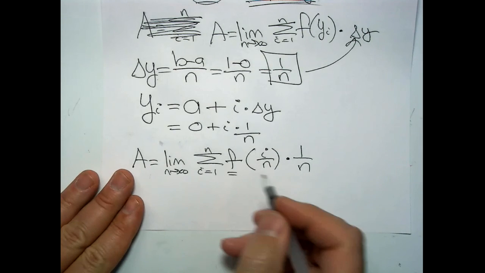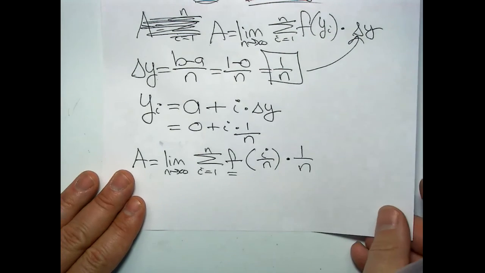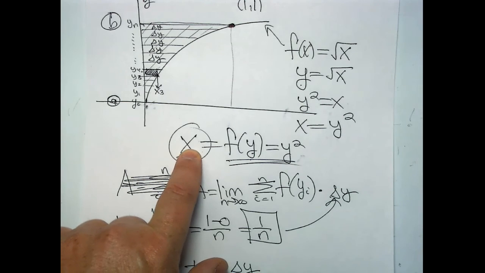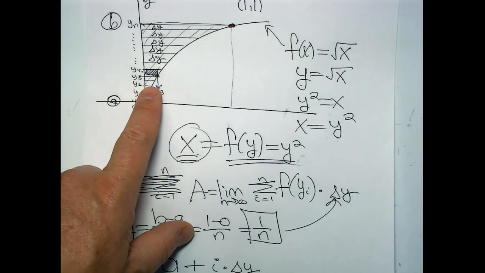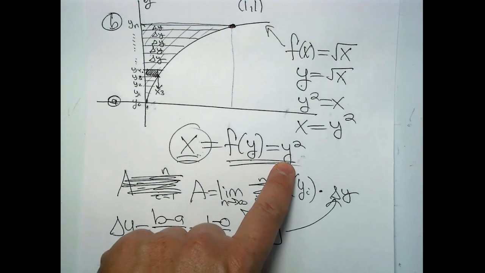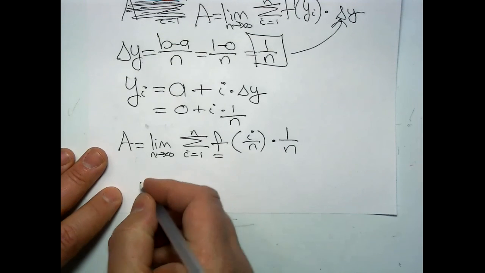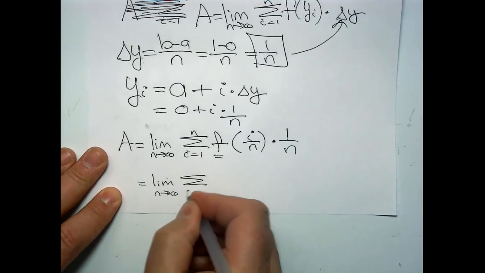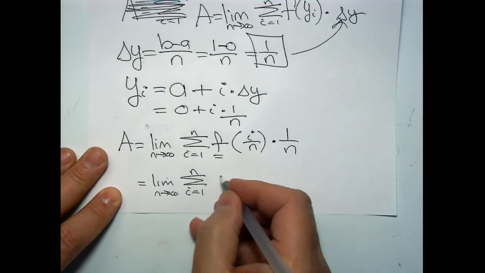We need to now execute a function, but it's actually a function of y, because what we need are these x's. The x's are really what we need to get that dimension of the rectangle. So what is x? It's a function of y. It's actually just y squared. So the function is to square things.